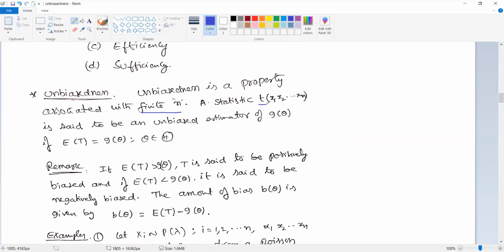A statistic T, a function of sample observations x1, x2, ..., xn, is said to be an unbiased estimator of g of theta if the expectation of T is equal to g of theta, where theta belongs to the parametric space. If the expectation of the statistic equals the parameter, that statistic is called an unbiased estimator of the population parameter.